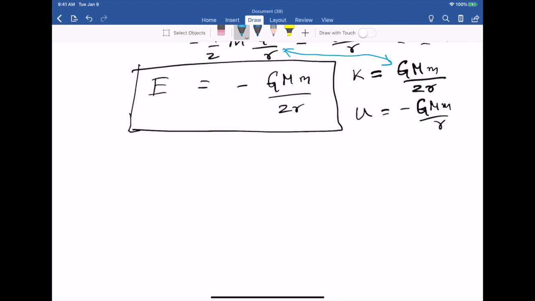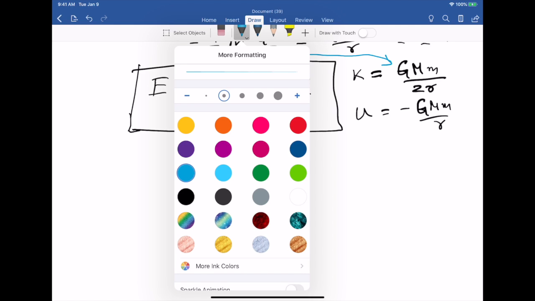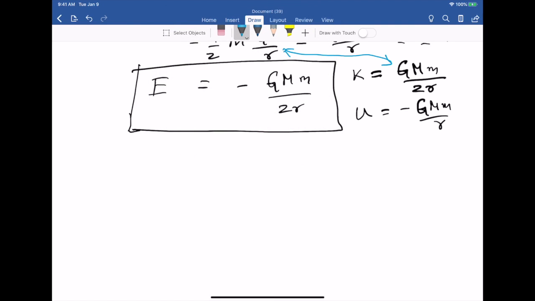Looking at the formula for E in the box here, what do you think is going to happen to r if E goes up? So if E goes up, then the absolute value of this quantity will go down, right? So that means this quantity in the blue parenthesis must go down. Why? Because a negative number goes up when its absolute value goes down, right?